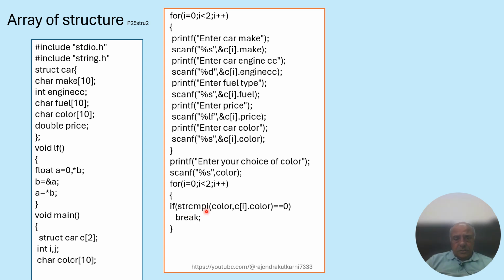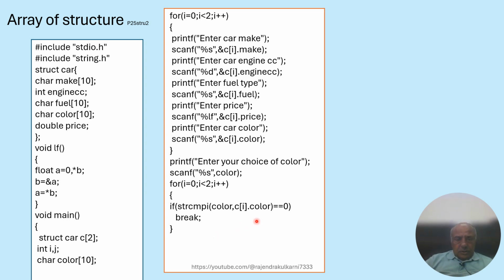It is a library function. What we want to do is, when the user has inputted his choice of color, with this for loop we are checking whether that color is available, and if it is available, in which element of the array of structure C it shall be available.